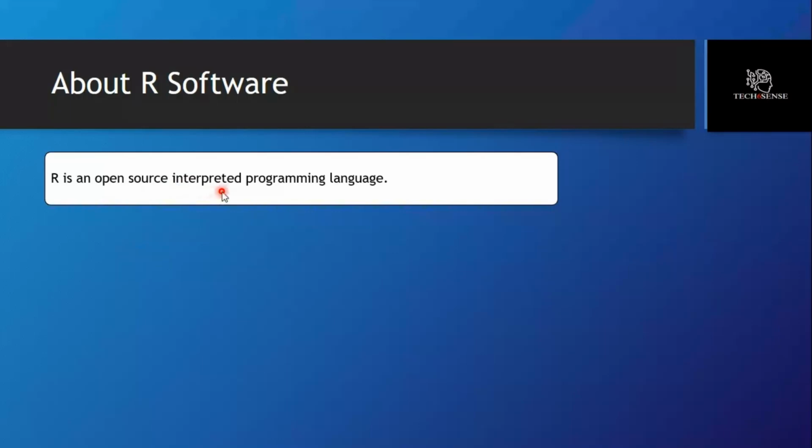Normally there are two types of languages available. One is compiler and the other one is interpreter. The interpreter basically translates a program line by line. If we have any error in the first line, the execution will stop there.